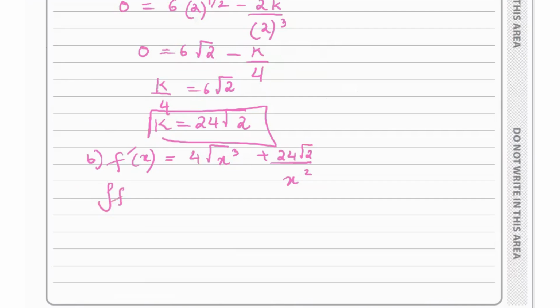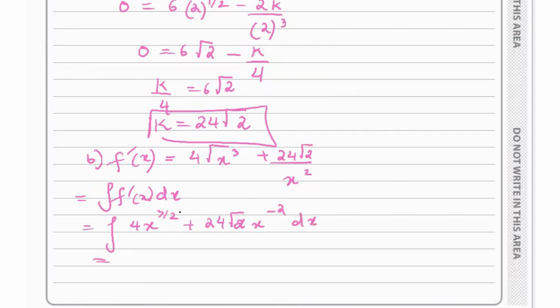Now we're going to integrate this. So 4 x to the power of 3 over 2 plus 24 root 2 times x to the power of -2.